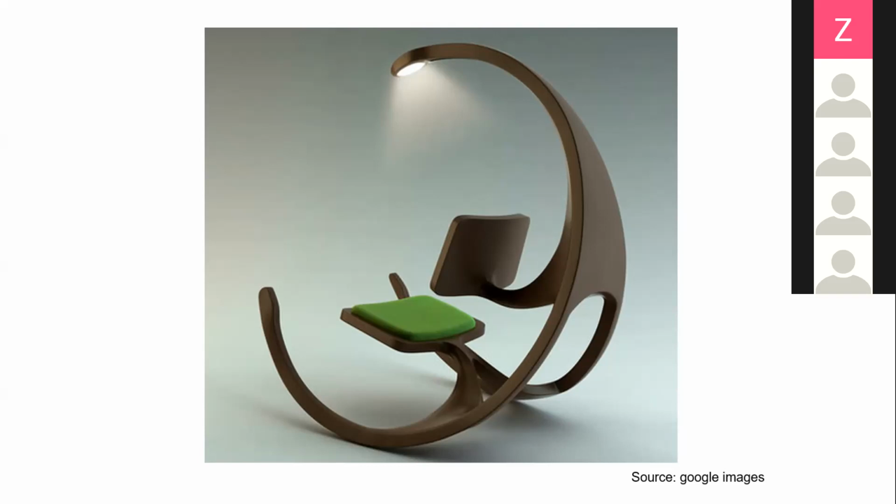So here in this particular example, we can see that they have combined a chair and a rocking chair and also a light. So now, depending on the need of the user, who wants to sit comfortably on an ergonomic chair, one can read here, and there is provision of light on top, and the chair also rocks.